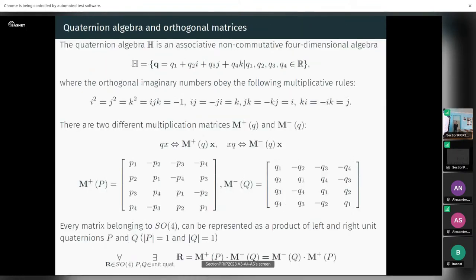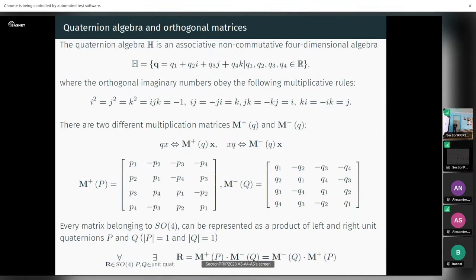Next slide. The case of the filter bank that we want to evaluate is related to quaternionic algebra. If you're not familiar with it, it's like an extension of the complex number system with three imaginary parts. It's important to remember that it's a non-commutative algebra, so you get different multiplication results: pq is not equal to qp.